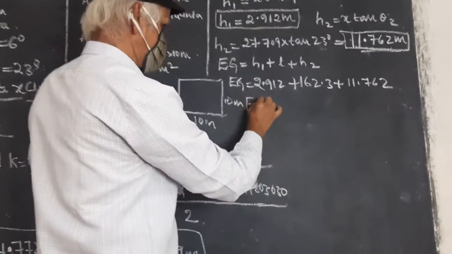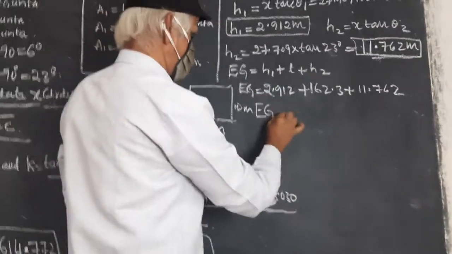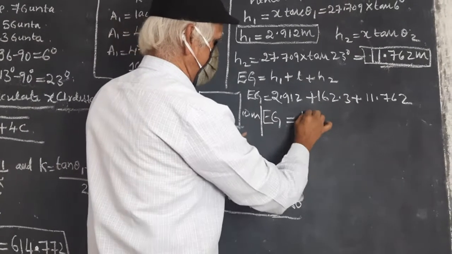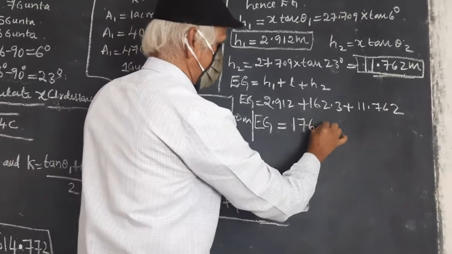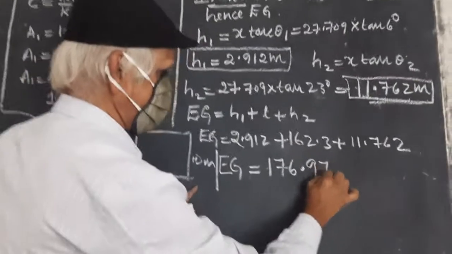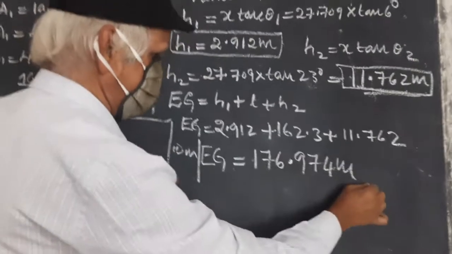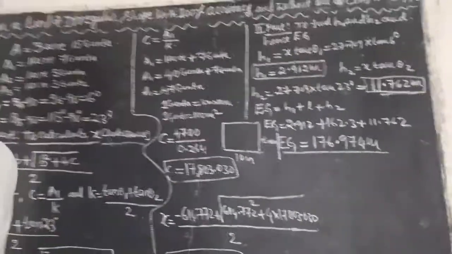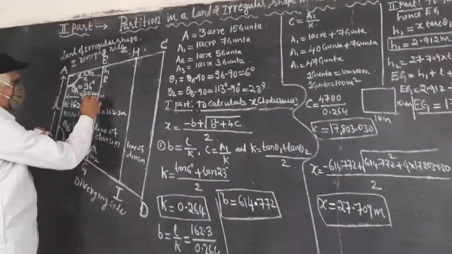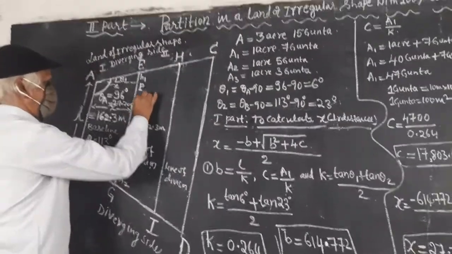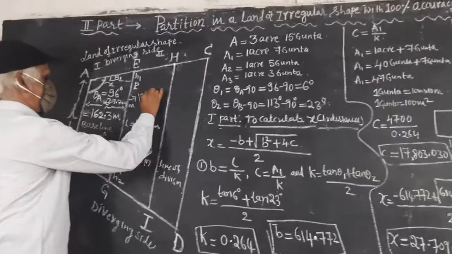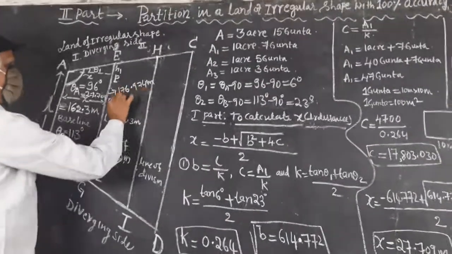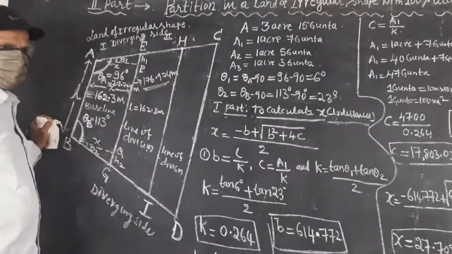On summing all these three quantities, one gets EG equal to 176.974 meter. So the entire length of this is 176.974 meter.